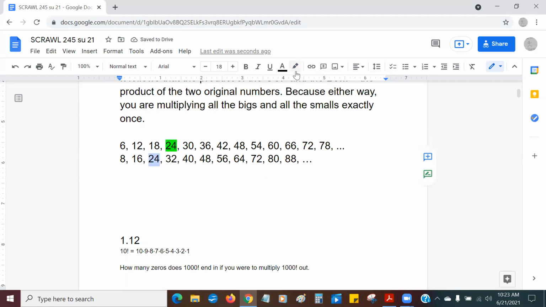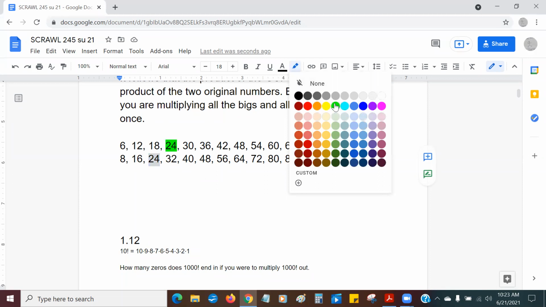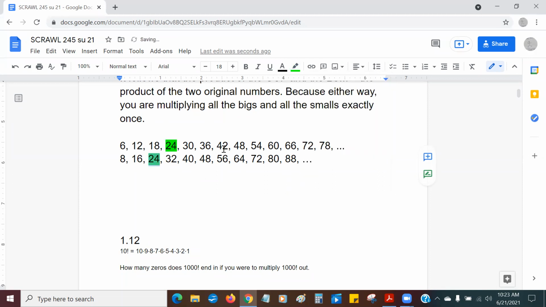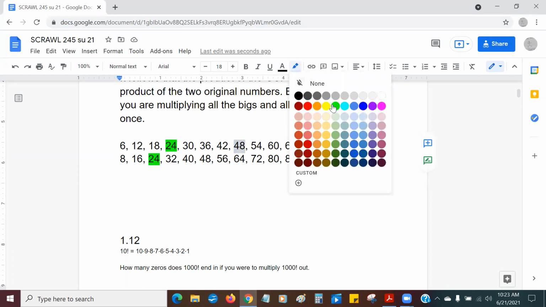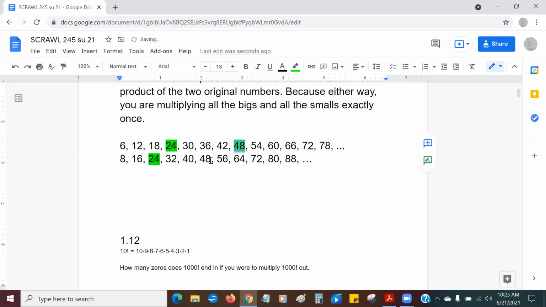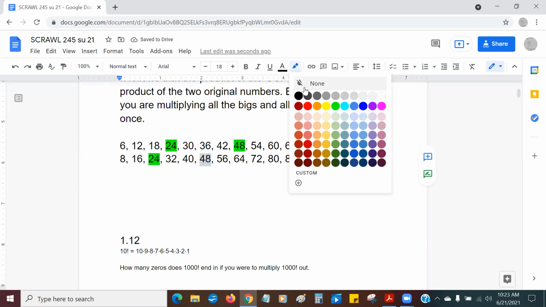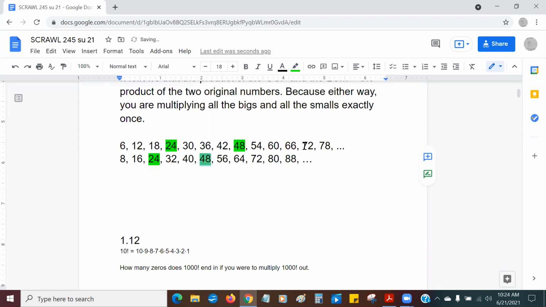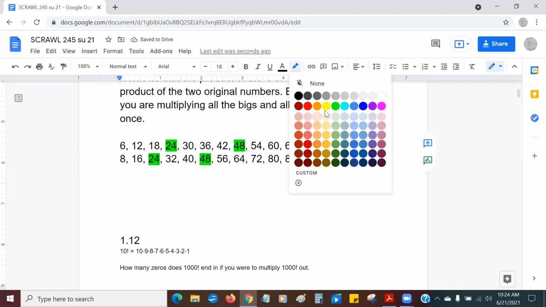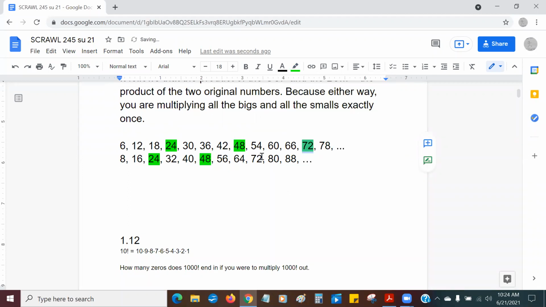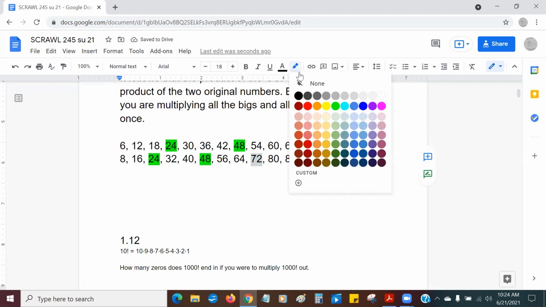It's on both lists. 48 is on both lists. And I think I noticed another one, 72 is on both lists.